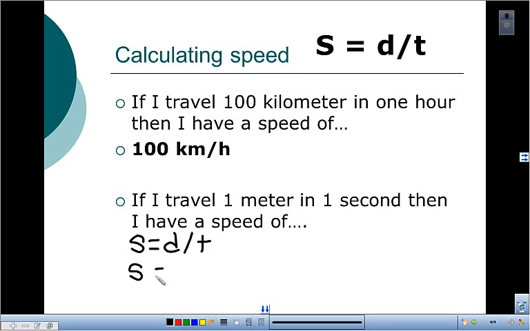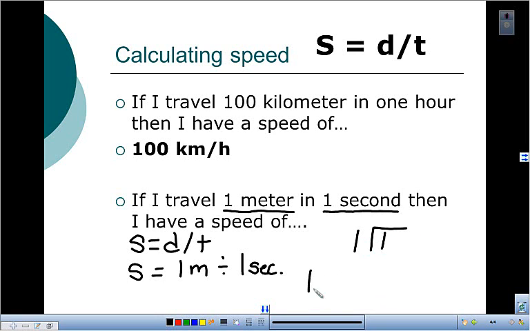So speed equals, my distance is 1 meter divided by my time, which is 1 second. So that's 1 second. I put my distance under the box, 1 divided by 1, which will give me 1 meter per second.